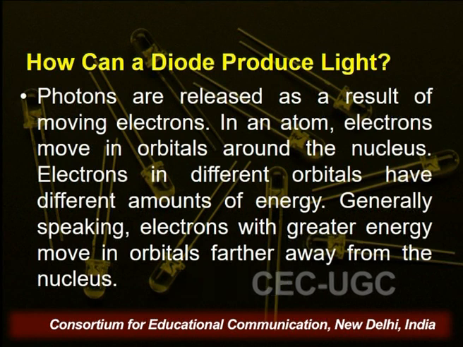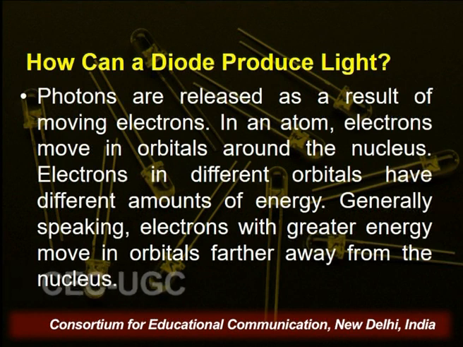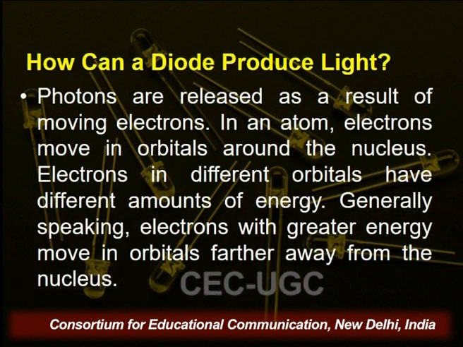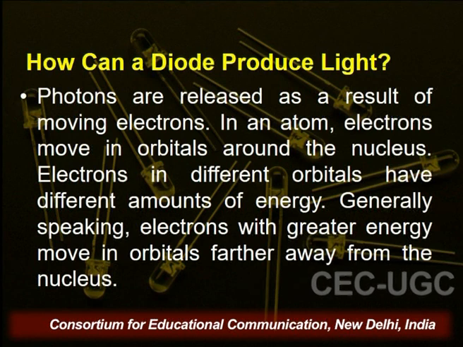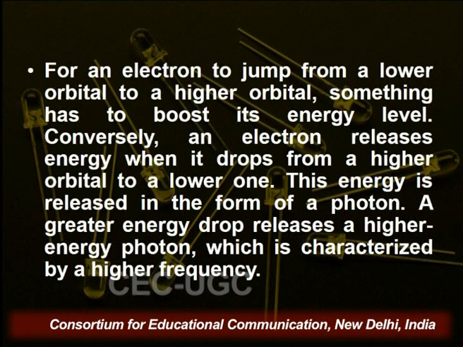In an atom, electrons move in orbitals around the nucleus. Electrons in different orbits have different amounts of energy. Generally speaking, electrons with greater energy move in orbits further away from the nucleus.